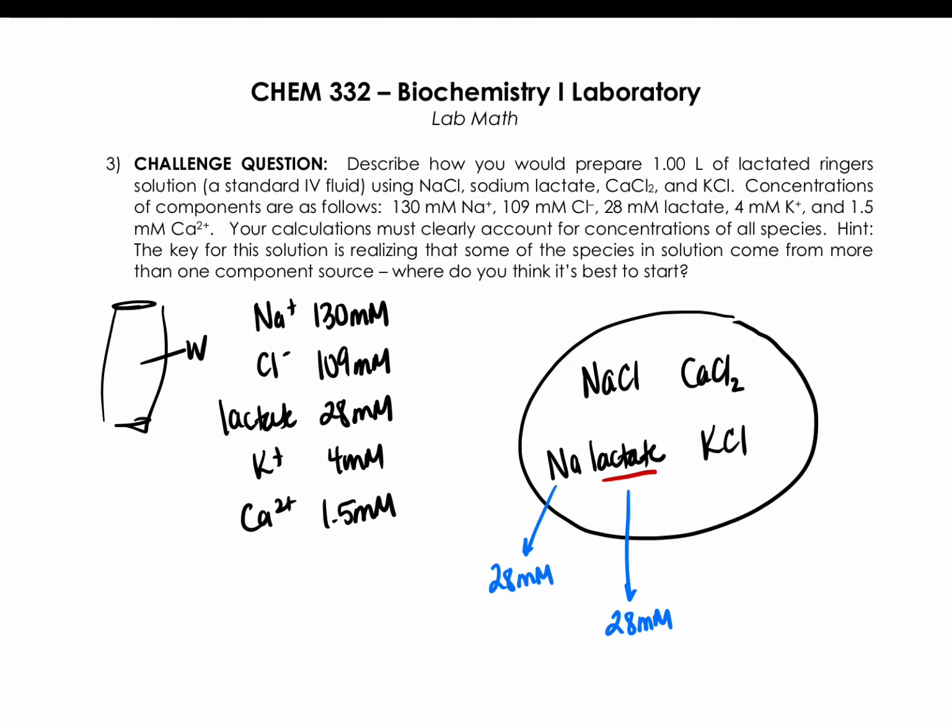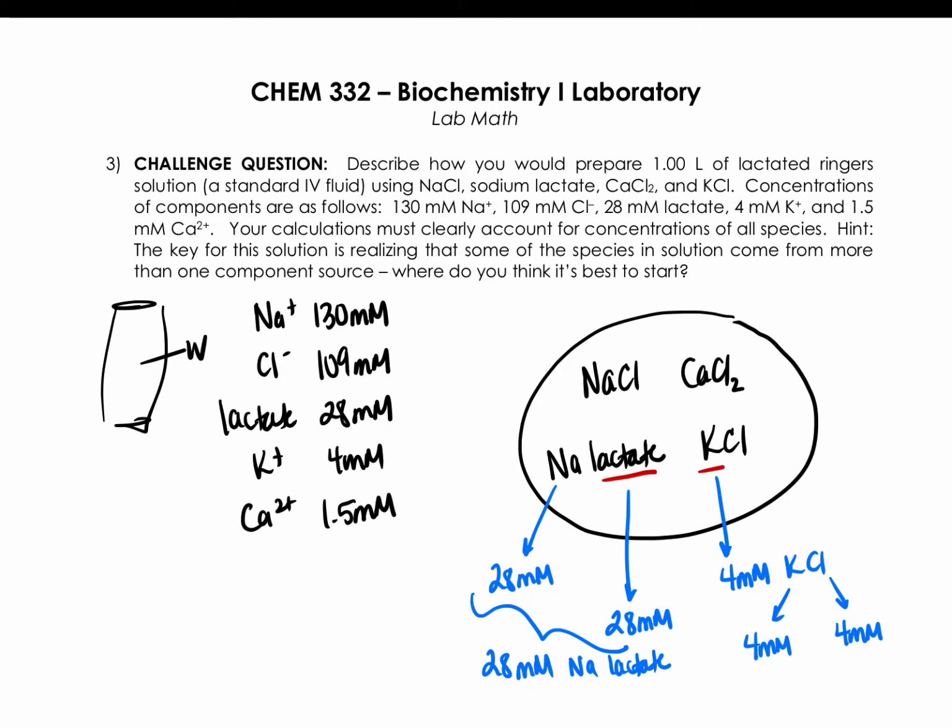Another species that's only present in 1 species is potassium. So for this situation, we could have potassium chloride added at 4 millimolar. This really means we're going to be using 28 millimolar sodium lactate, and 4 millimolar KCl, which is going to give us 4 millimolar potassium as well as 4 millimolar chloride.